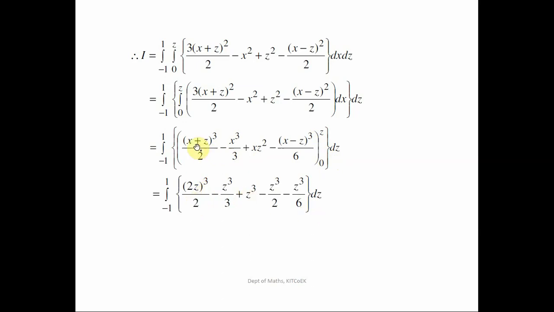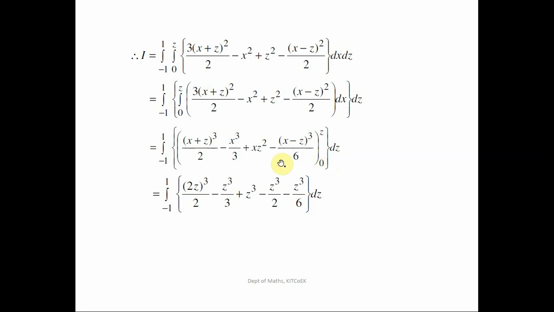In first term, put the value of upper limit, so x is to be replaced by z, z plus z, 2z cube upon 2, minus z cube by 3, plus x is to be replaced by z, z into z square, z cube, minus in this term, if we put the upper limit z, x is to be replaced by z, z minus z will become 0.